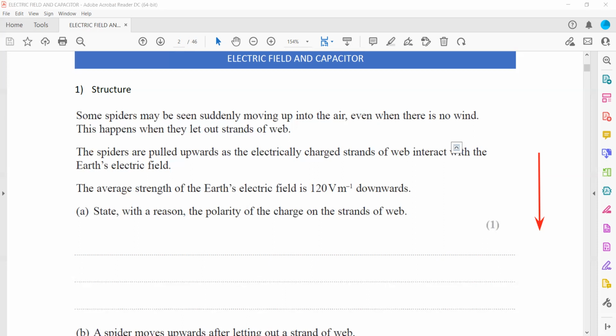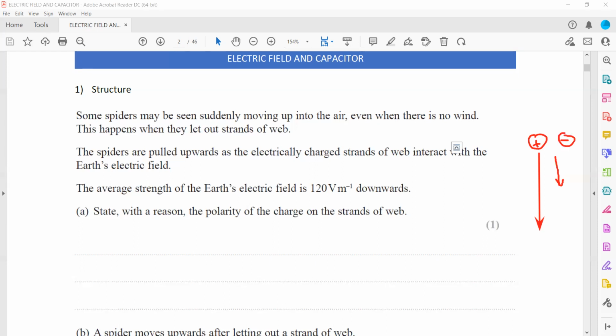So this is the direction of the electric field. If there is a positive charge, the positive charge will move downward, because the direction of the electric field is the same as the direction in which a test positive or a unit positive charge experiences a force. So what should be the charge on the strand?